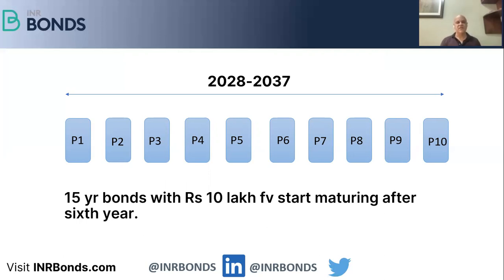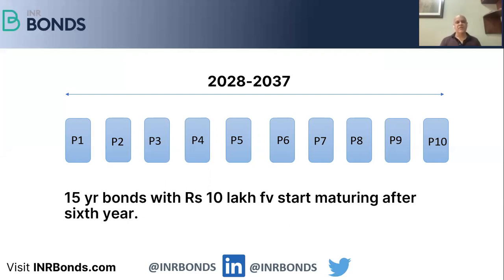But then the market treats each as a separate bond, and there you have a 6-year bond, 7-year bond, 8-year bond, 9-year bond, up to 10-year and 15-year bonds. So each is a separate bond in the marketplace.